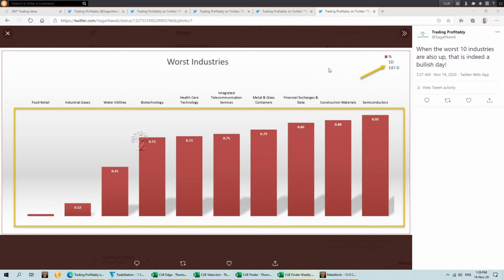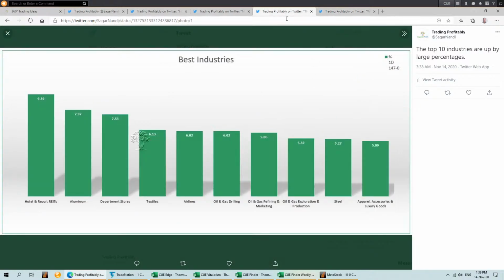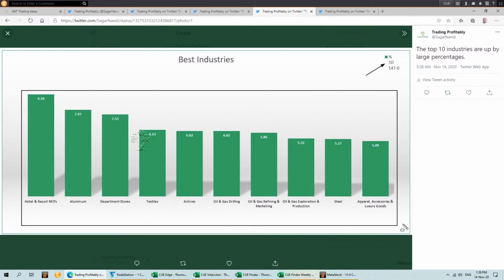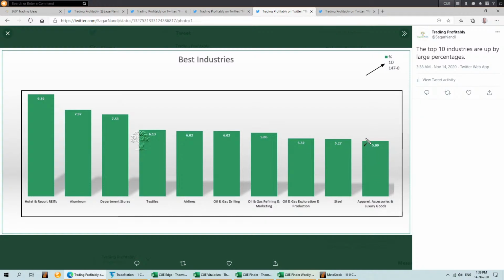So when you looked at QEdge on Friday, it was unusually bullish, very bullish. And in another tweet I shared, the best performing industries on Friday over a 1 day period went up by significant percentages, from 5% to almost 10%.